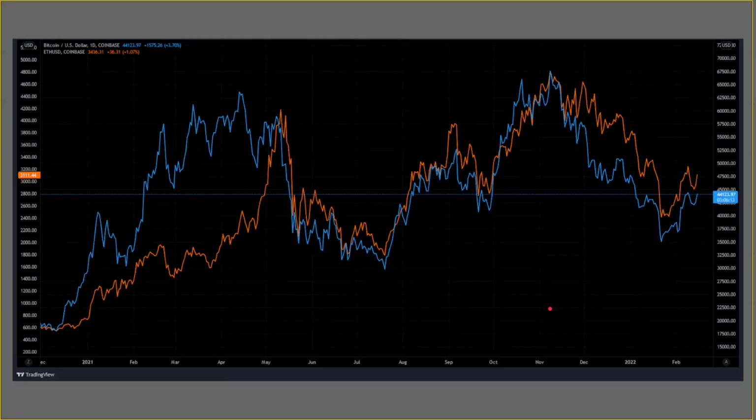If we take a look at this slide, here we see a comparison between Bitcoin on the daily chart, Bitcoin to the US dollar, which is the blue line, and Ethereum to the US dollar in the orange line.